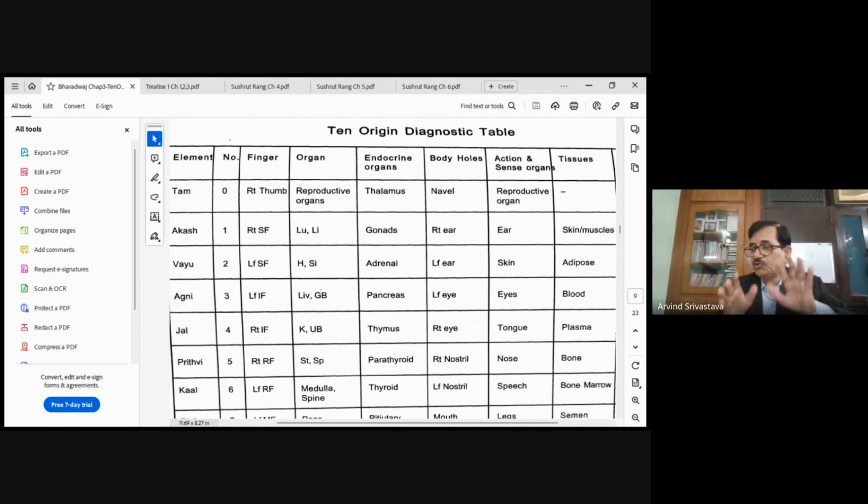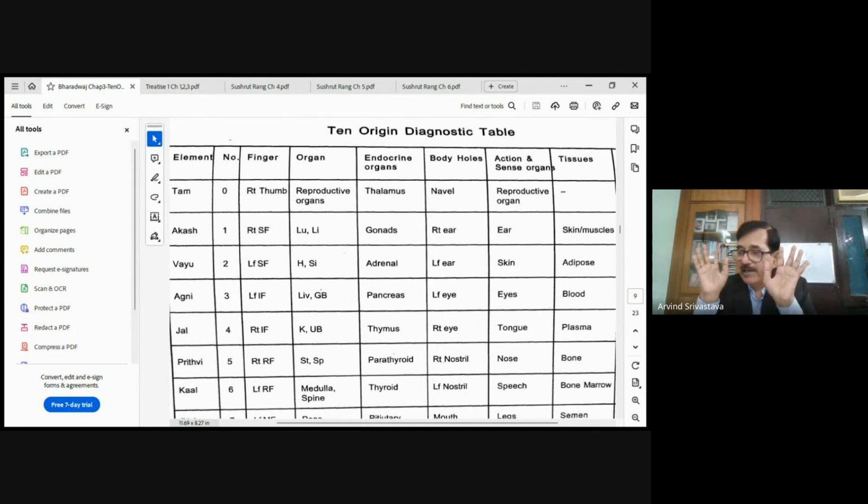Now, how should we diagnose according to this 10 elements system? So we have put all the Dravyas or Mahabhut into our fingers. There are 10 elements, 10 Mahabhut or Dravyas, and we have got 10 fingers too.